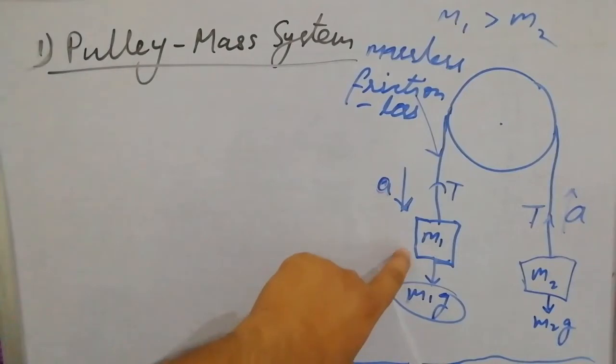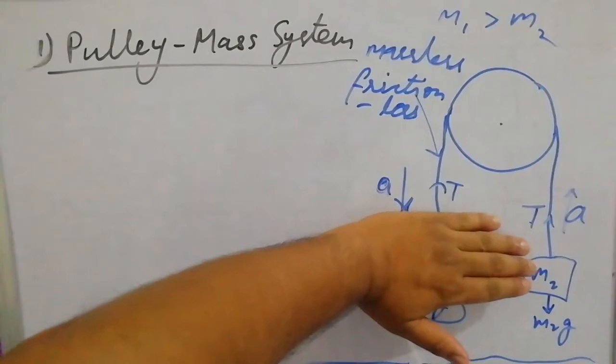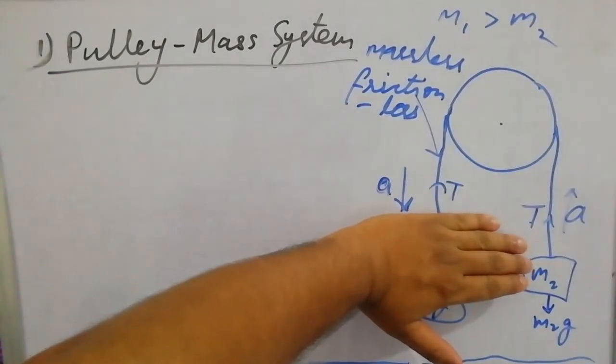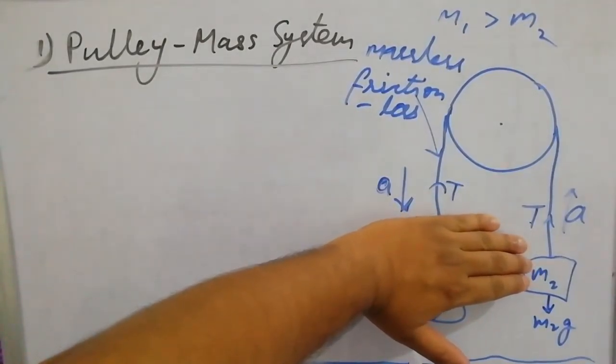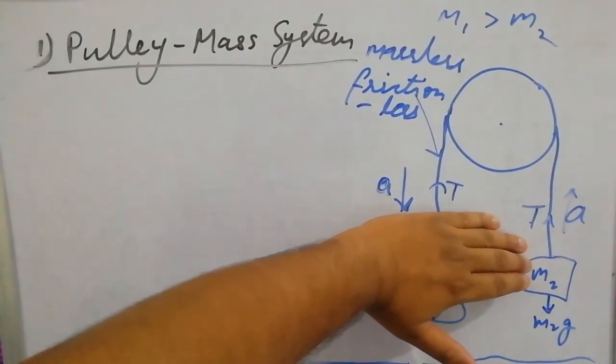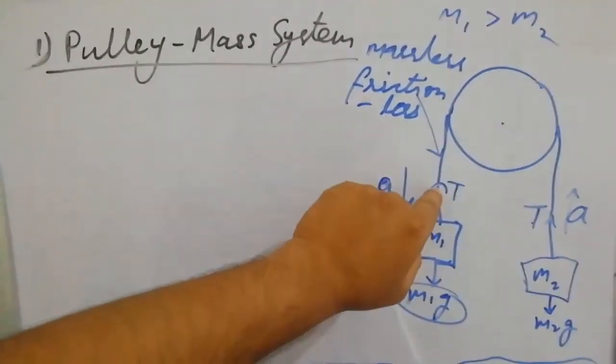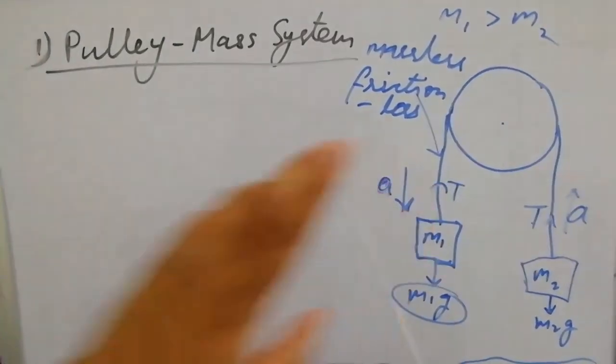Since we have attached a mass m1 here and m2 here, the m1 mass has a weight of m1g that is acting vertically downwards. Now suppose we had not connected the mass m1 here, then can we say that tension is generated in this string? No, at that time there will be no tension here, but we have connected a mass here.